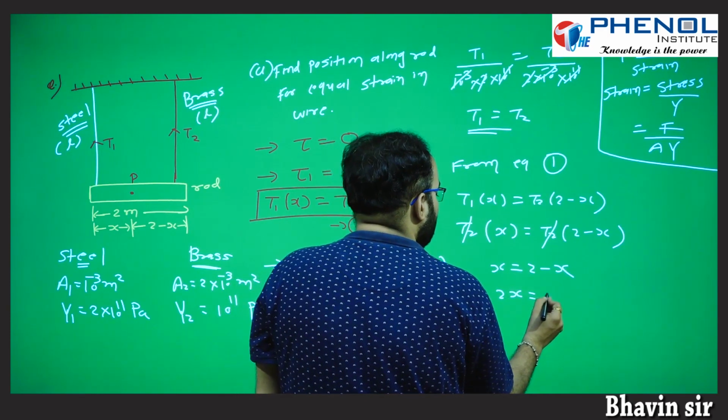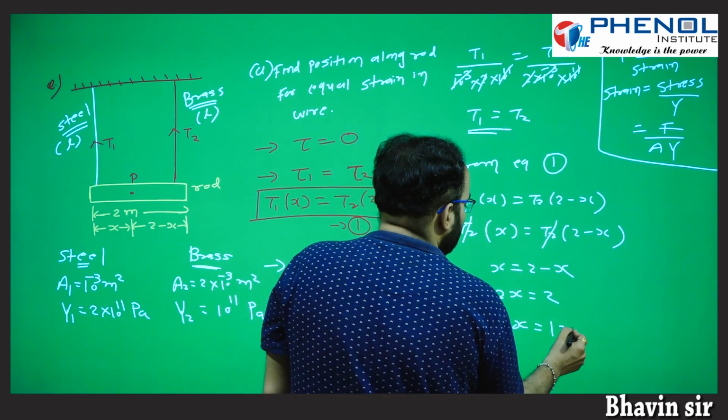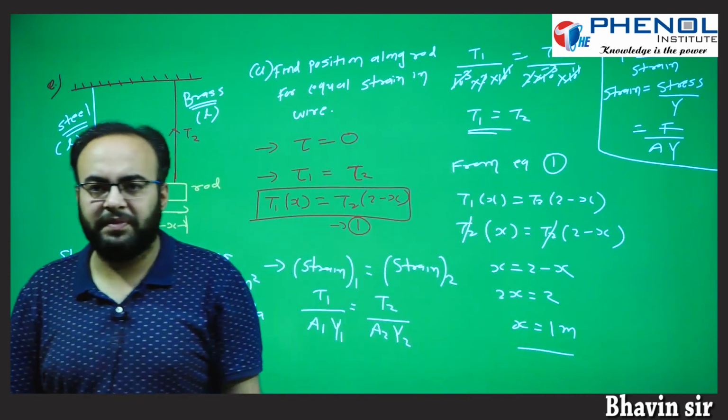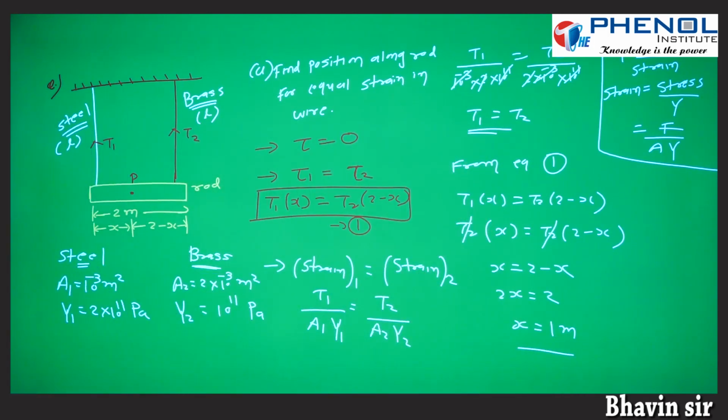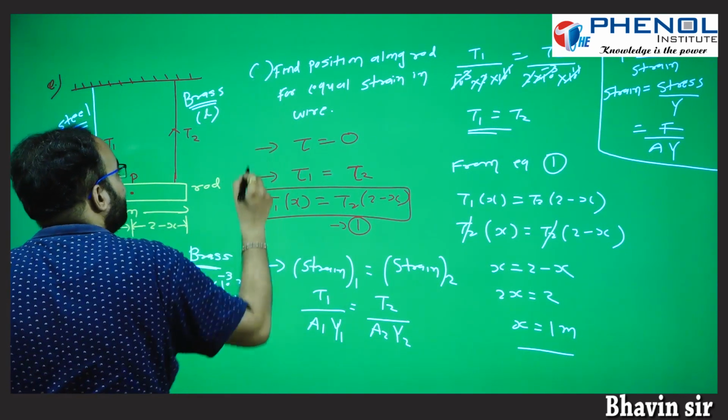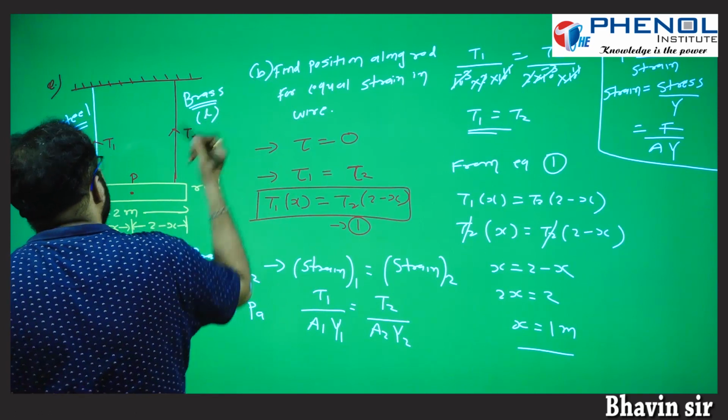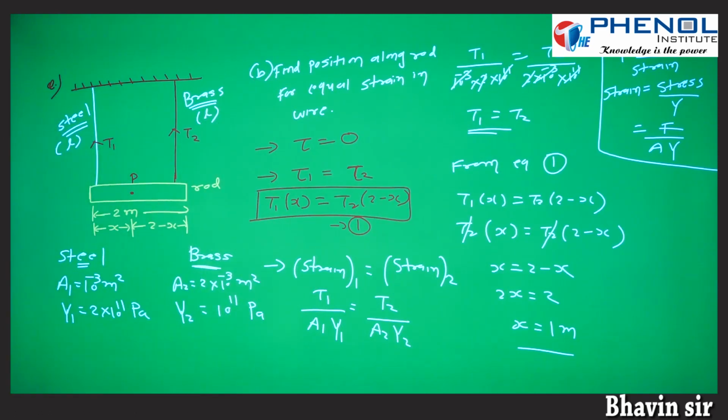So 2x equal to 2. So what is x? 1 meter. Okay, what is x? 1 meter. Chalo, so we get the position. These are the two parts of the question, A and B. Chalo, now one more question from the NCERT.